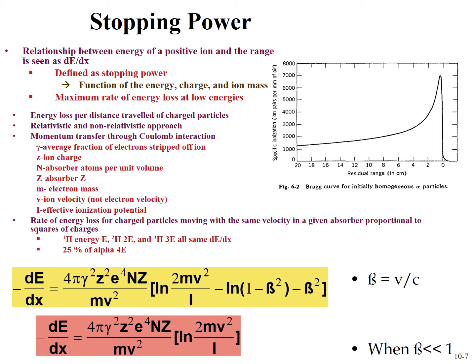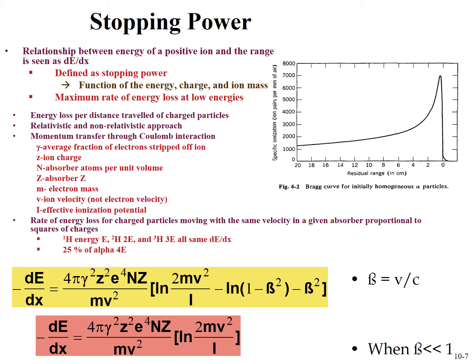So if there's a proton of energy, for deuterium it'd be twice that energy, tritium 3 times that energy. All would have the same energy loss as a function of distance. And it would be 25% of the alpha at 4 times the energy because of the mass differences.